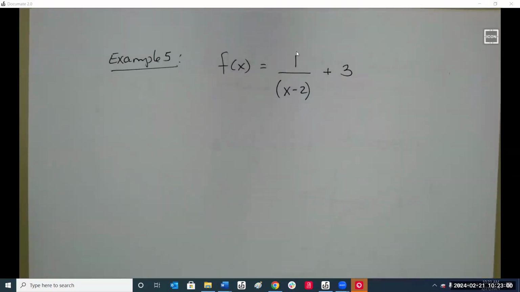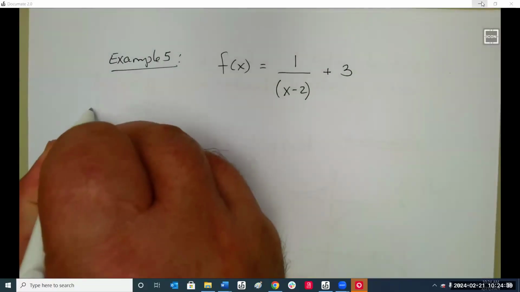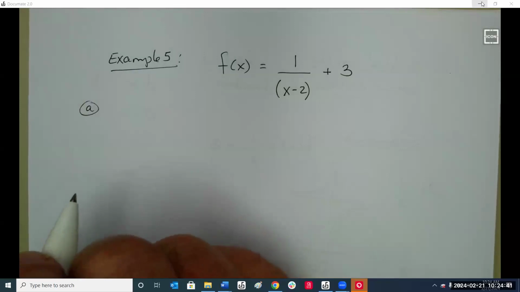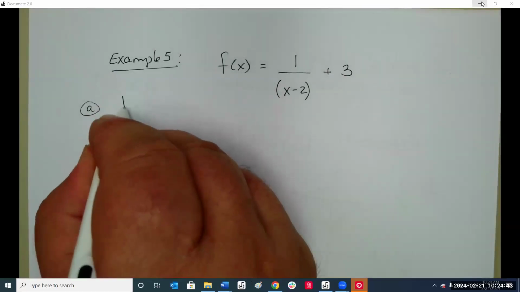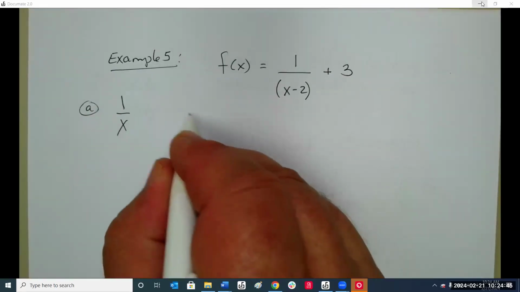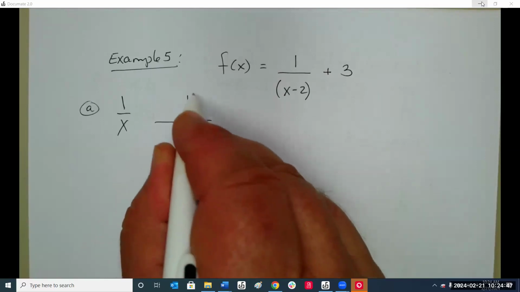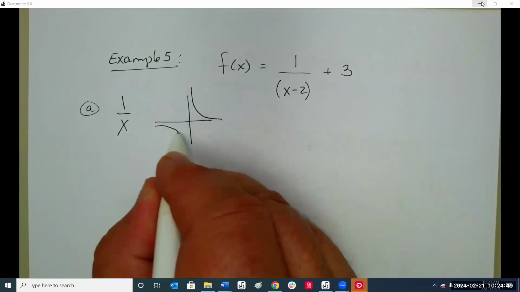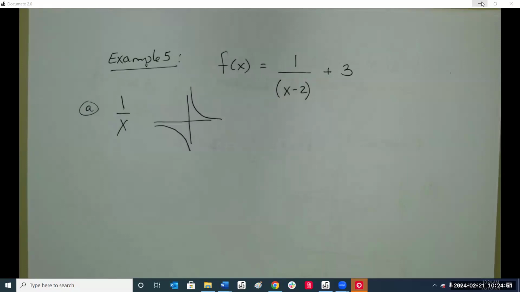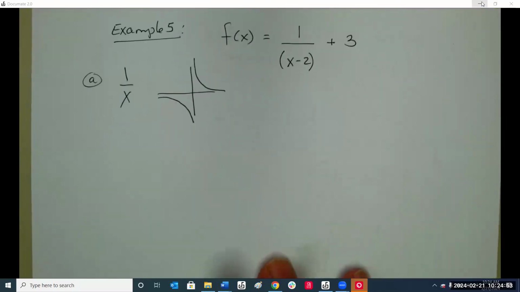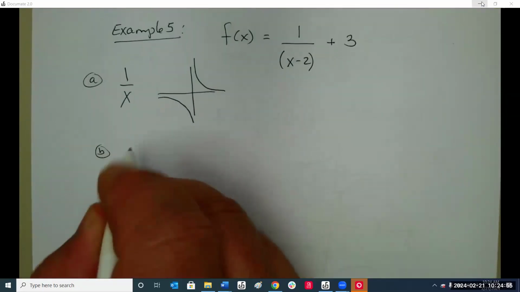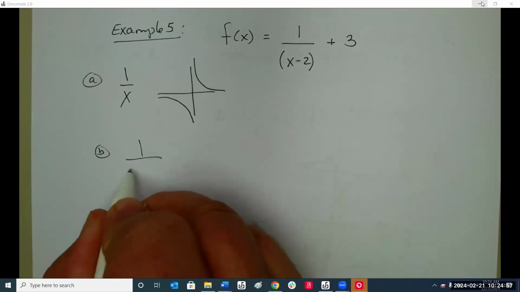Sketch that graph. First, what's the basic function? 1 over x. That graph looks like this. So we know what our final graph has to look like. The next is the horizontal shift.